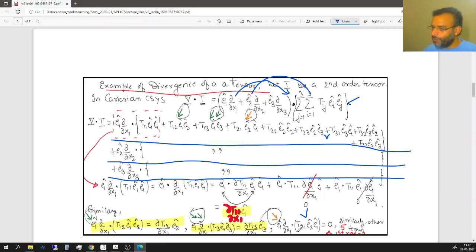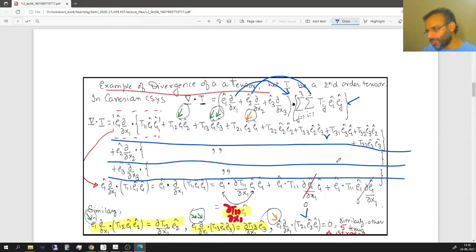The derivative operator will go and sit with T21, and then E2 unit vector coming from the right hand side will be exposed to the dot product, but that is going to dot with E1 coming from the left hand side, and that is going to be 0. For similar reason, all the other 4 terms will also turn out to be 0 in the first row of terms. So out of the 9 possible terms here, only 3 are surviving.